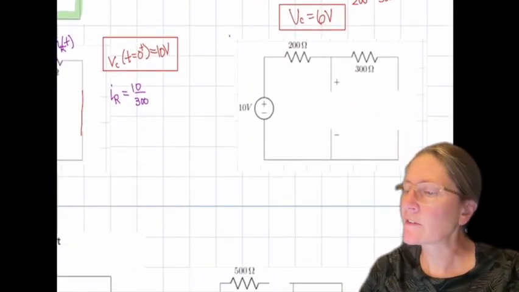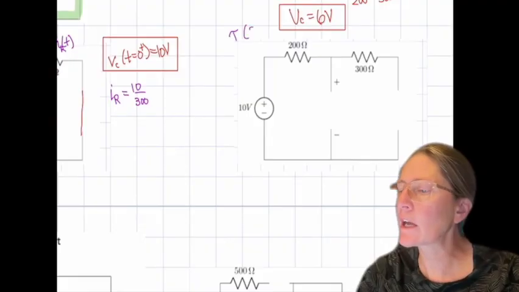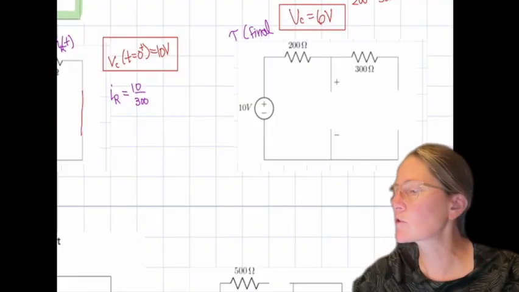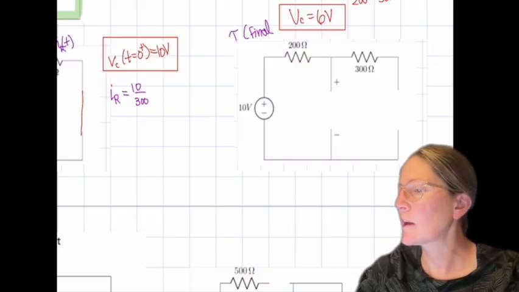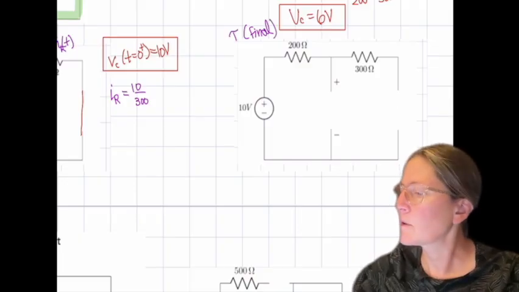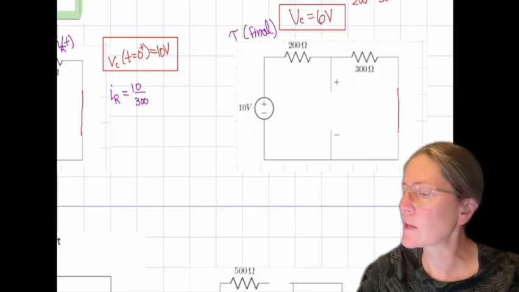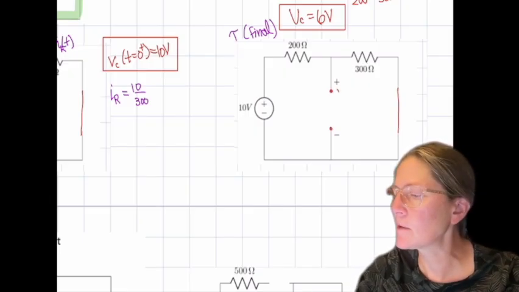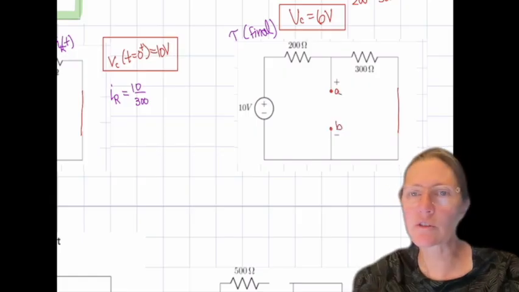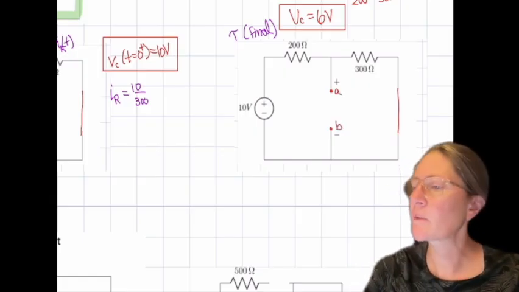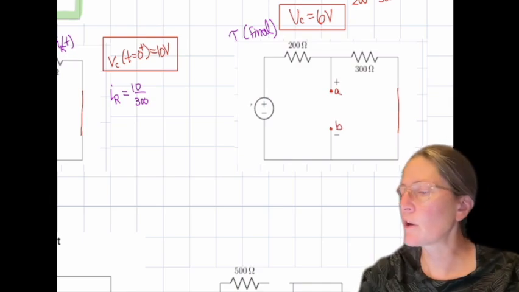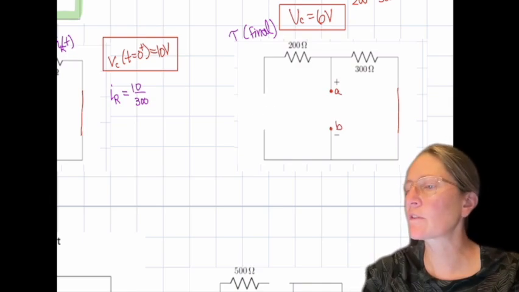Now the last step is tau, and again it's going to be the final stage, so it's going to be a wire for the switch, and then I put A and B at the locations of wherever the component is. I then remove all of the sources, so this now becomes a wire.